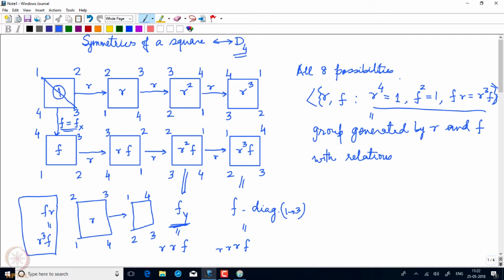In fact, in place of taking this fx, I could have taken say fy, and then the same group would have got generated with those generators. So I could have used some other set of generators. So these are generators and these are relations.